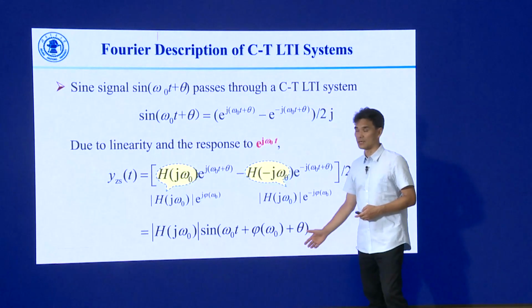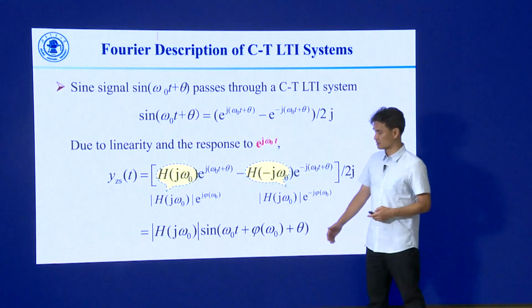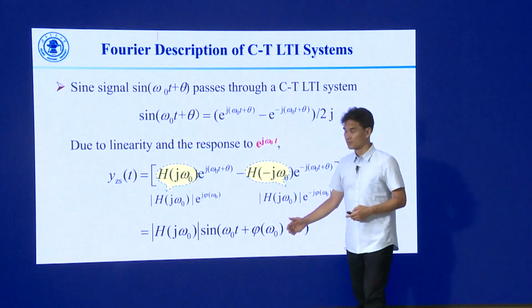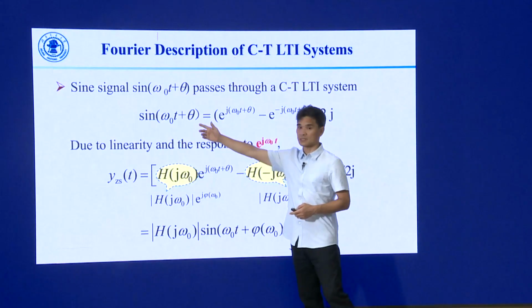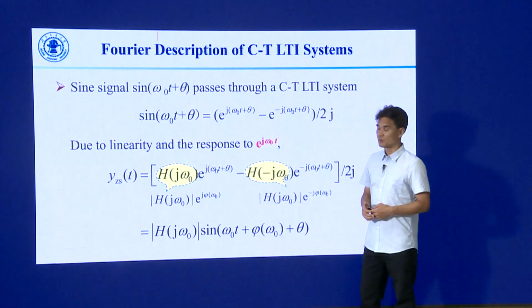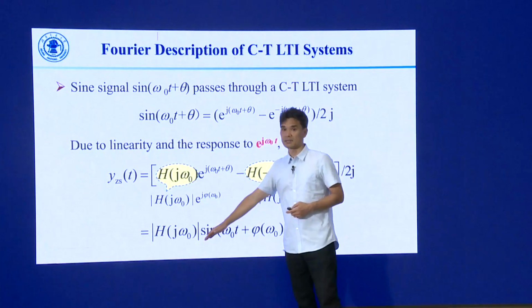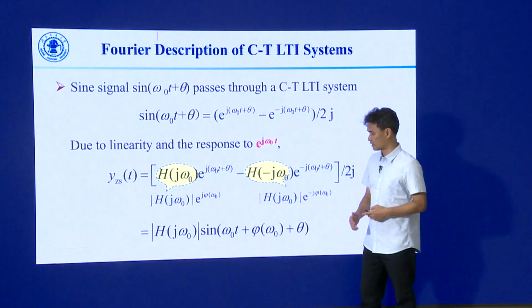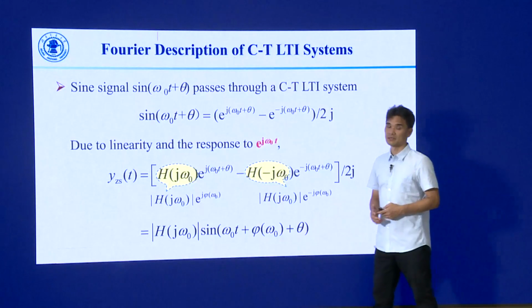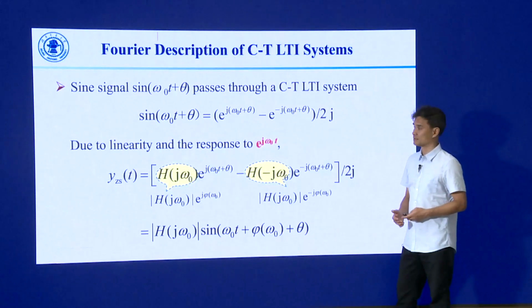Now it is clear that the zero-state response of the system is the same sinusoidal signal, but the amplitude is modified by the amplitude response, and the phase is modified by the system's phase response.